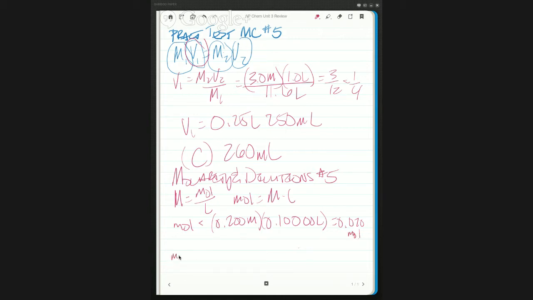And then moles equals 0.10 times 0.15000, which equals 0.015 moles. 0.020 plus 0.015 equals 0.035 moles of H+.